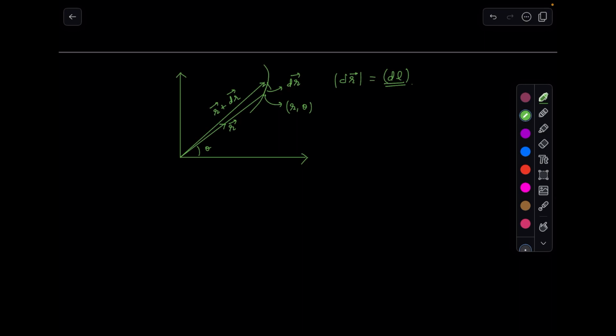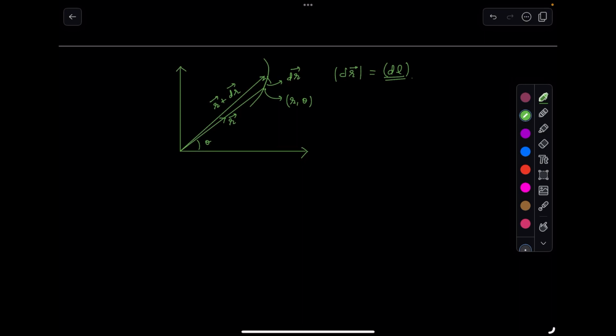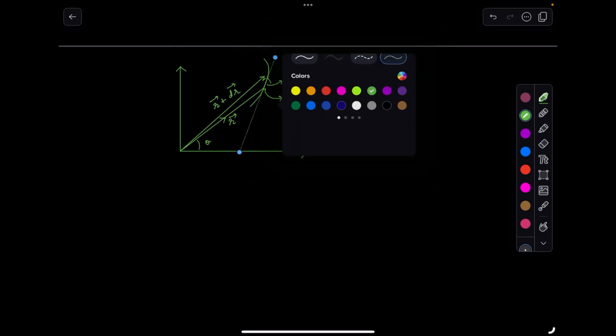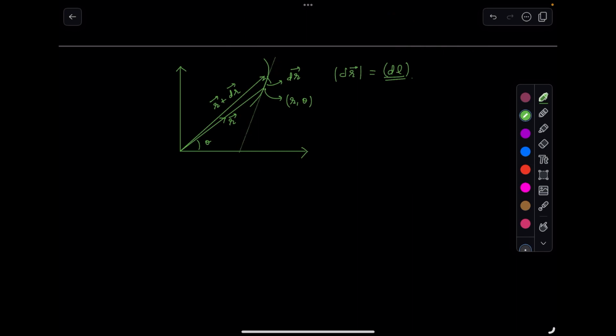So if we talk about the tangent at this point, the tangent at this point will be in the direction of dr. So if I draw the tangent at this point, it will be in the direction of dr, and suppose the tangent makes some angle with the r vector.